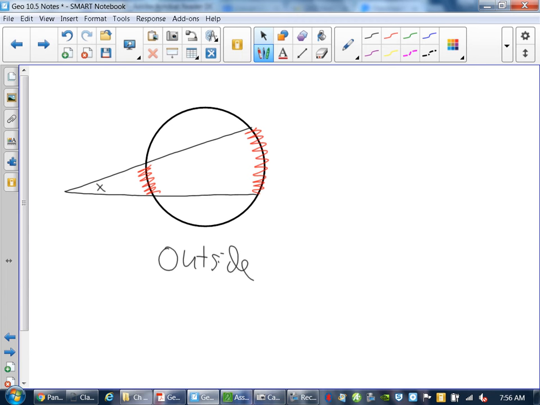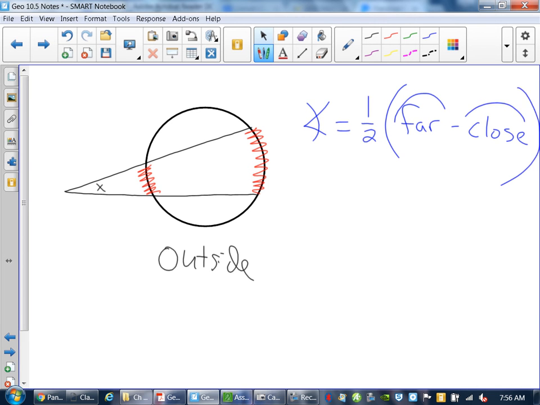So here's what happens. There's a very easy way of writing this out. The angle equals half the far arc minus the close arc. It's the easiest way to write this. The far arc minus the close arc.